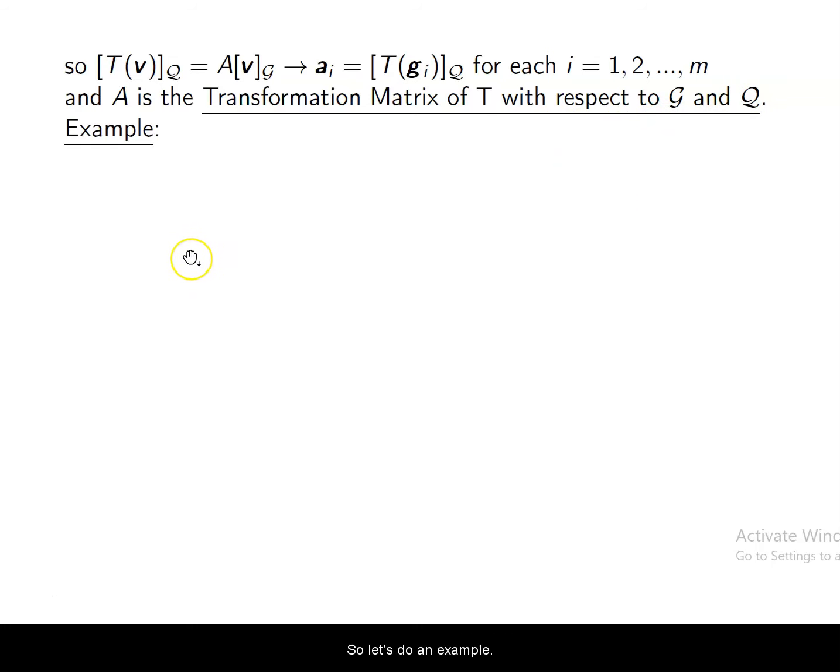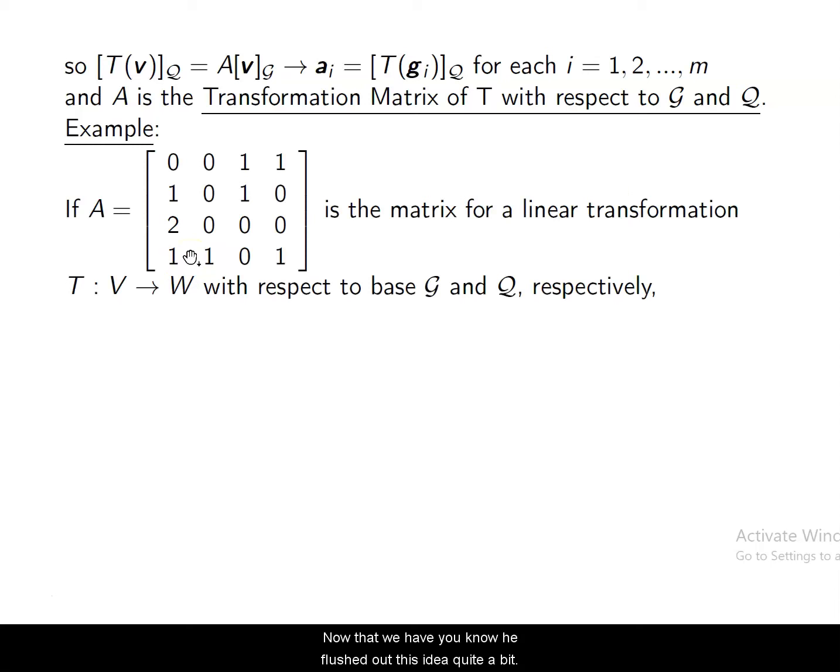Okay, so let's do an example, now that we have fleshed out this idea quite a bit. So let's say that A is this 4x4 matrix. So this is our transformation matrix, and that's for this linear transformation that goes from V to W for basis G and Q respectively.